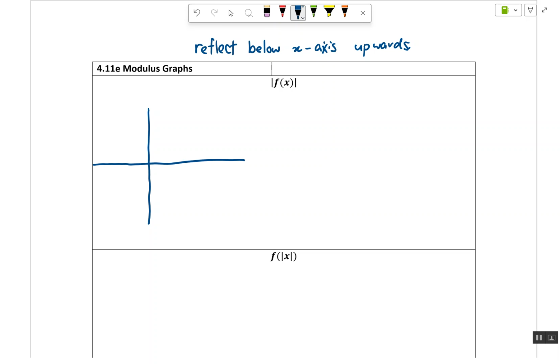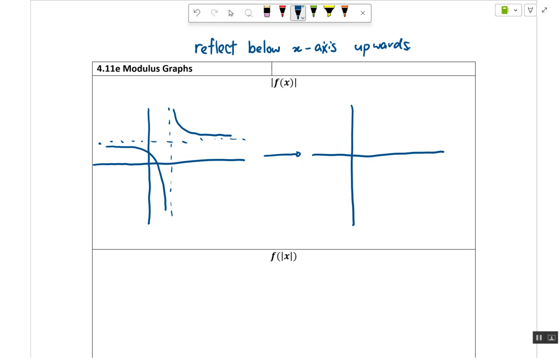Okay, again this was our f(x) graph. It will become, anything below it will be reflected upwards. It will become this way, and then it will go up.